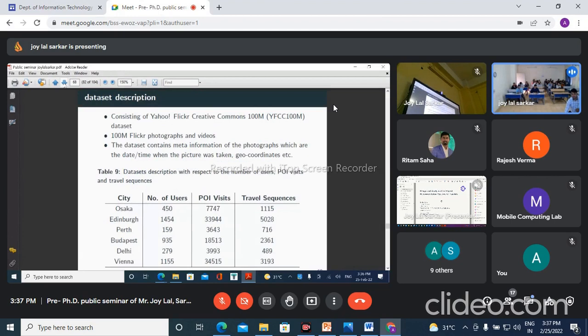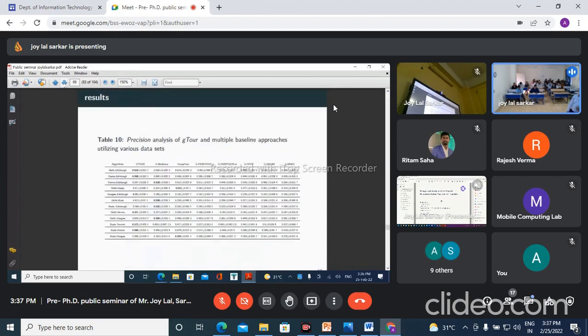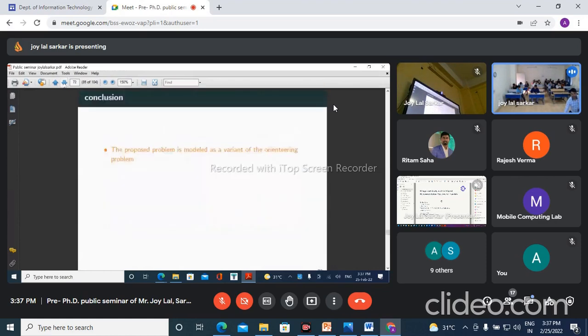You can see the Delhi dataset, and we got better results when I applied it in my decision calculation. You can see our proposed algorithm performs better. All the other results are also there, but for simplicity, I have only put some of the results. Okay, so this is my F1 score calculation.